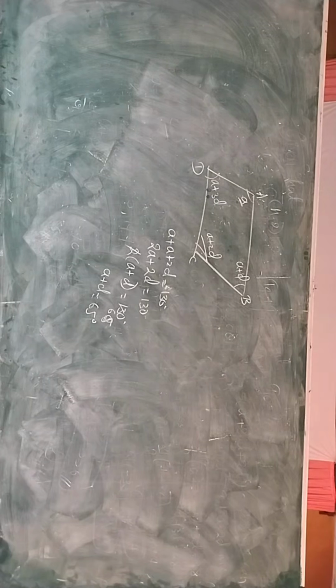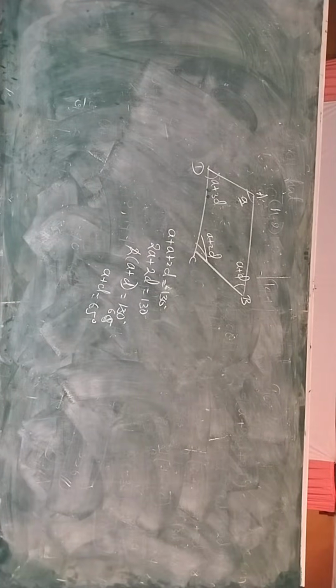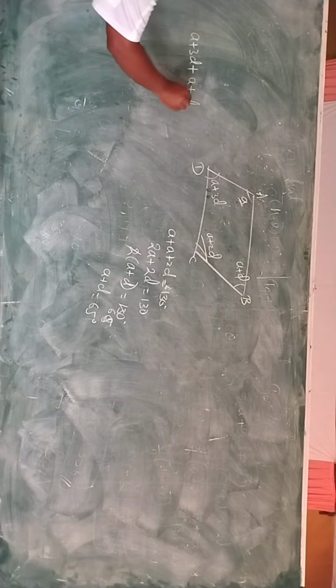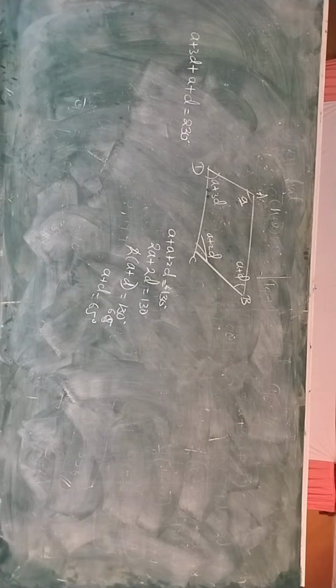Simple question, don't take much time. See here, I will solve it. a plus 3d plus a plus d together is 230 degrees. One opposite pair is 130, another opposite pair is 230.